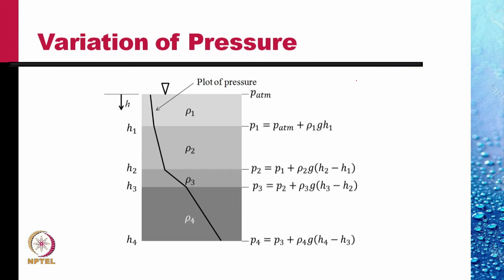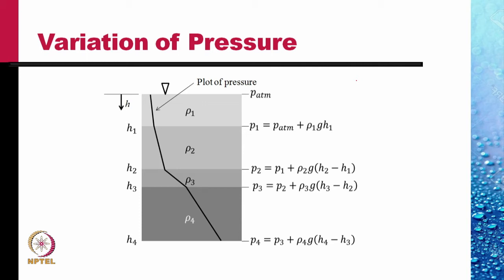If we have a combination of fluids arranged in stratified layers with various densities rho 1, rho 2, rho 3 and rho 4, then the plot of pressure variation would be as shown. At the topmost layer, it will start with P atmosphere. Then at the interface with the second layer, a height h1 down, it would become P atmosphere plus rho 1 times g h1.